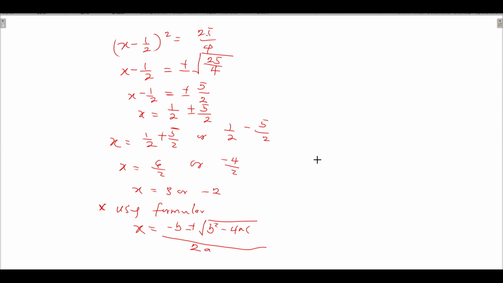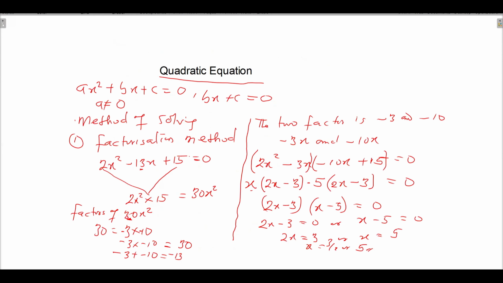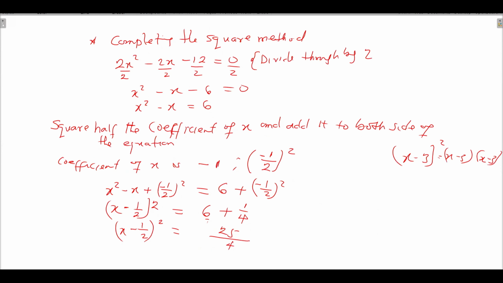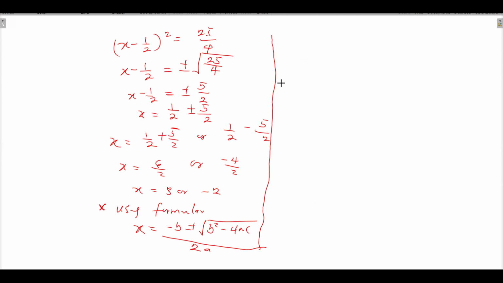Now, I want to use the formula to solve the same question and see that we really arrive at the same answer. The question is 2x squared minus 2x minus 12 equals 0. I want to apply this formula method to check if I will arrive at the same answer.